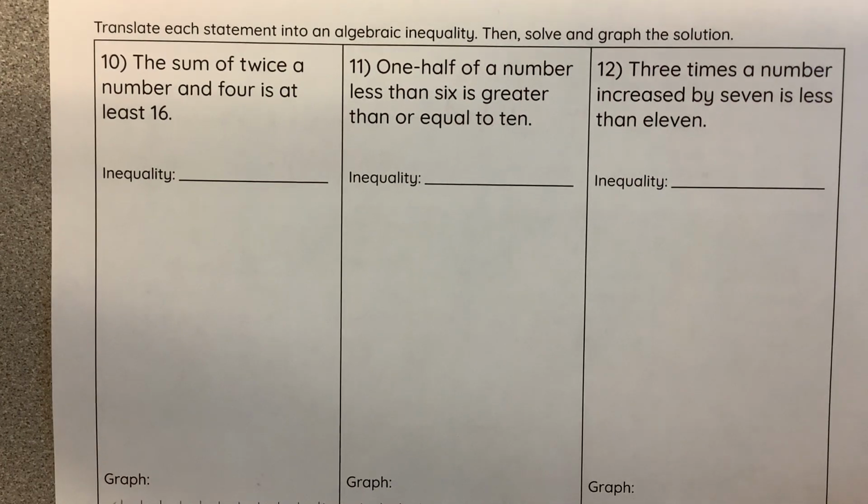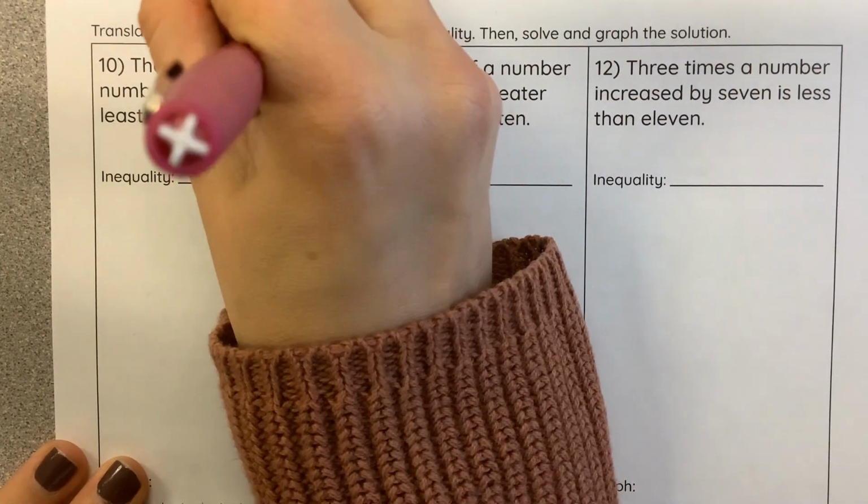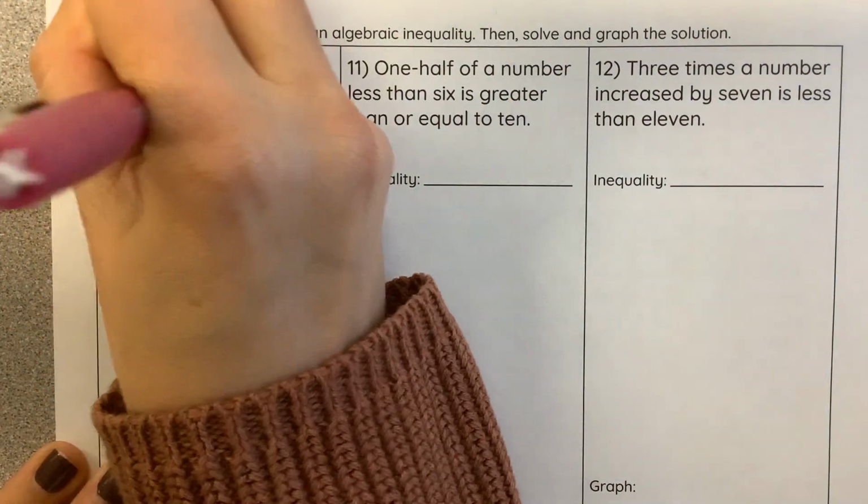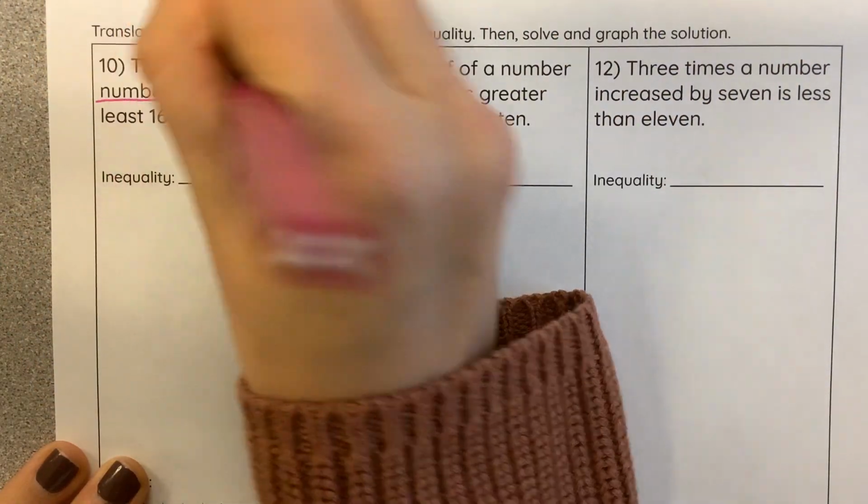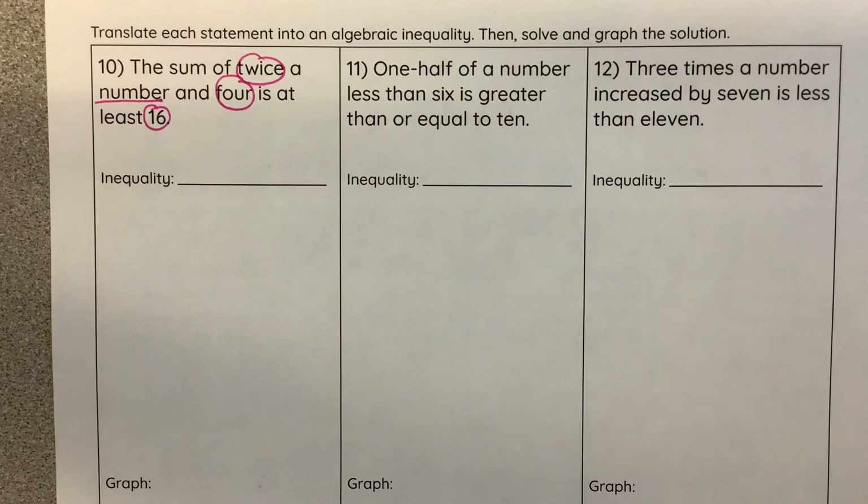Now let's do some where we're not only writing, but we are solving. So number 10, the sum of twice a number and 4 is at least 16. So twice a number, our unknown number, and 4 is at least 16.